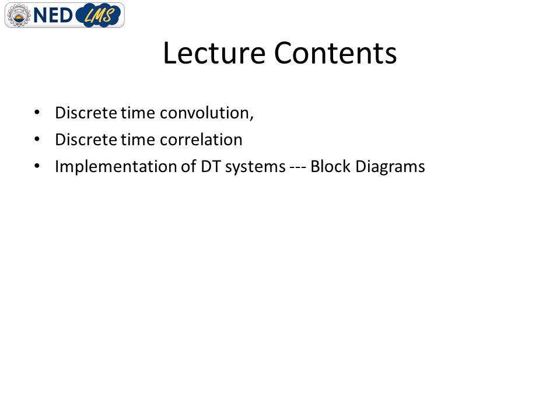Then we will move towards the discrete time correlation. It's the same strategy we have followed in convolution that will be followed in correlation. First we will discuss its definition and the theoretical aspects.